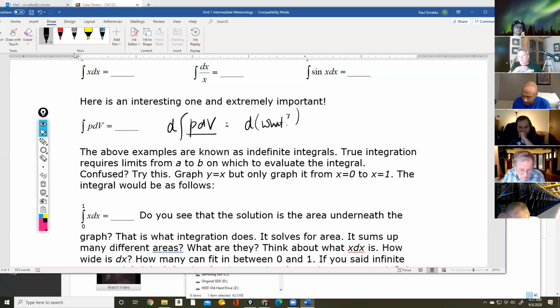Anyone? It's on the tip of my tongue. Depends upon. That's the way you should say it. The pressure depends upon the volume, right? They're related to each other. So we use mathematical terms like it's a function of, but what we're really saying is it depends upon.